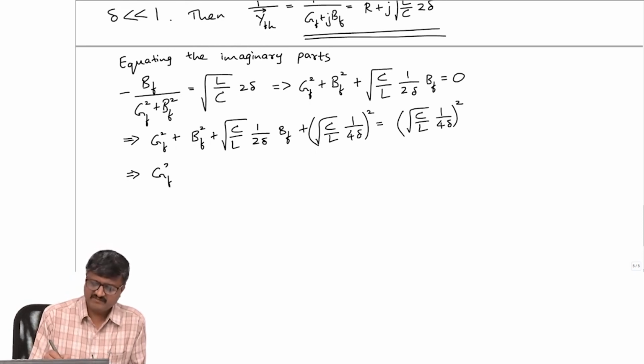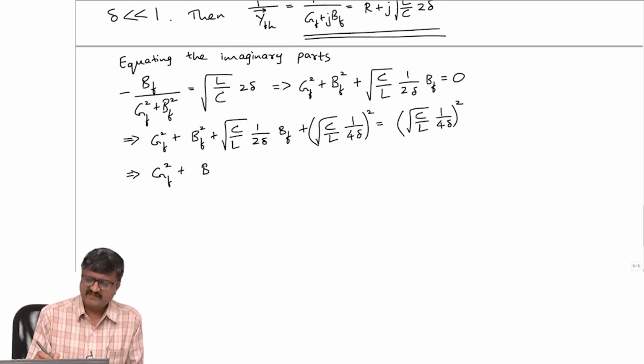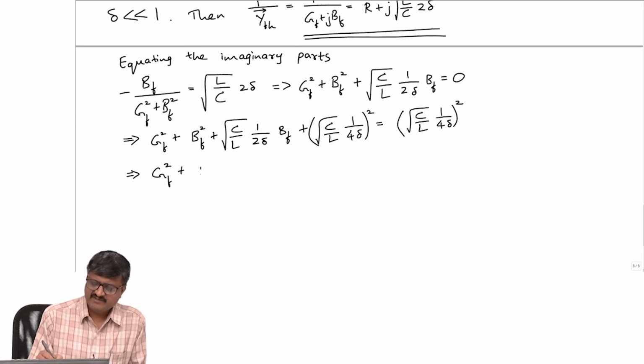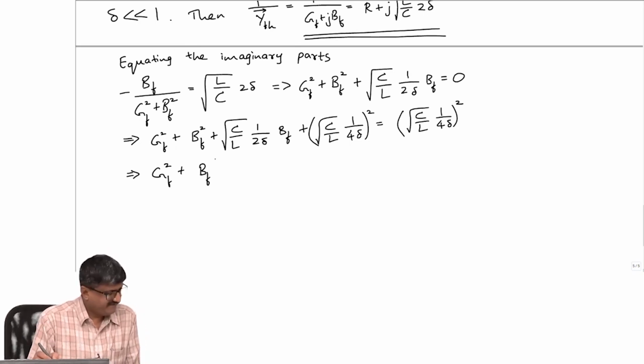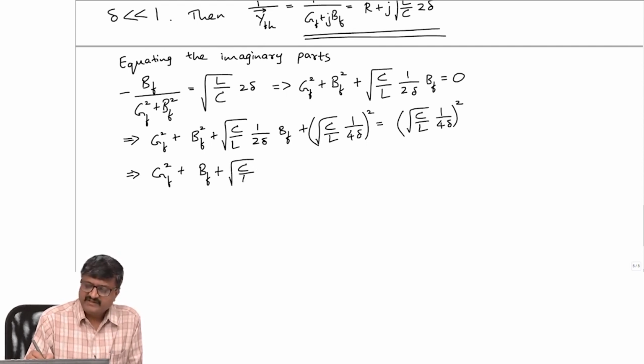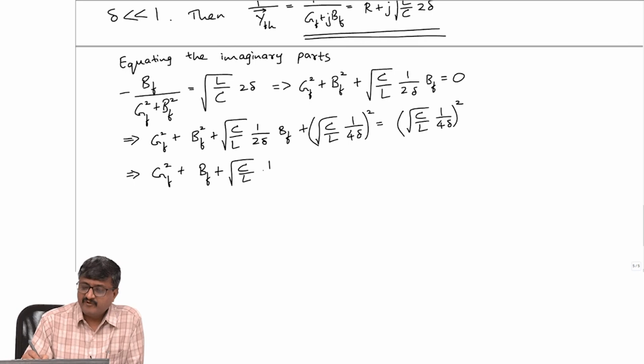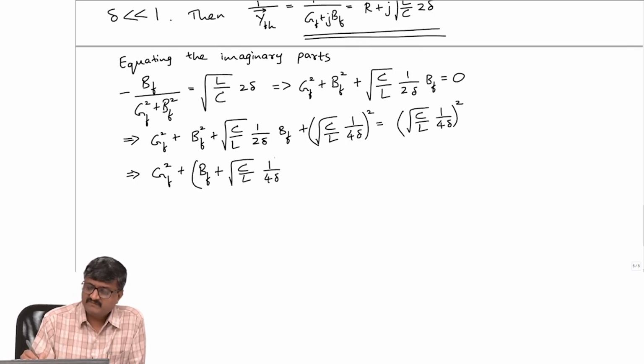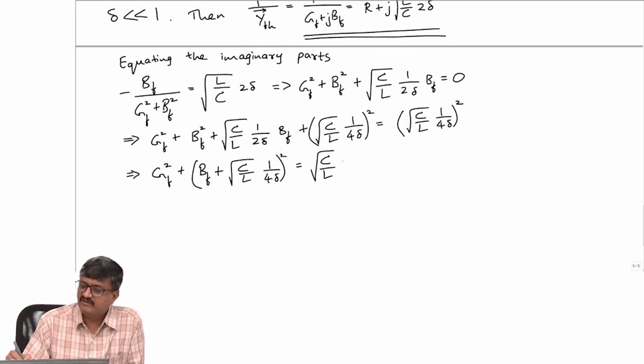So, on the left hand side what I get is GF square plus BF plus under root C by L into 1 by 4 delta whole square. So, this is equal to under root C by L 1 by 4 delta whole square.